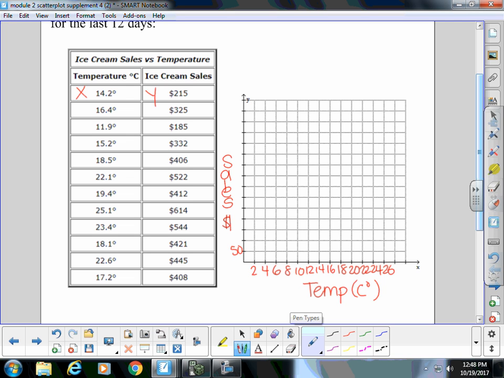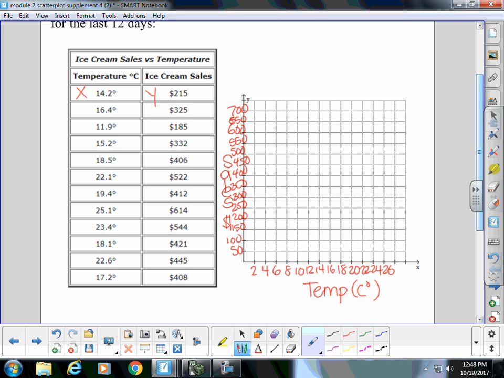Let's see, 50, 100, 150, 200, 250, 300, 350, 400, 450, 500, 550, 600, 650, 700. There we go.